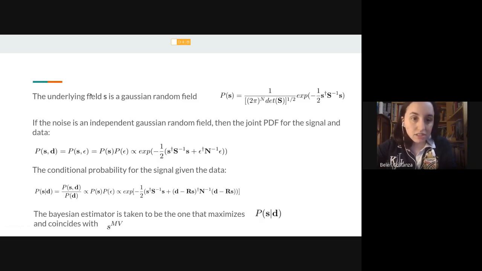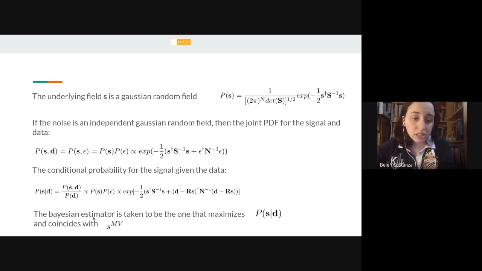And in the case that the underlying field is a Gaussian random field, the probability density is a Gaussian distribution. So we can calculate the conditional probability for the signal given the data, which is the quotient of the joint probability density of the signal and the data, and the probability density of the data, which is proportional to the product of the probability density of the signal and the noise, because we assume that the noise is an independent Gaussian random field.